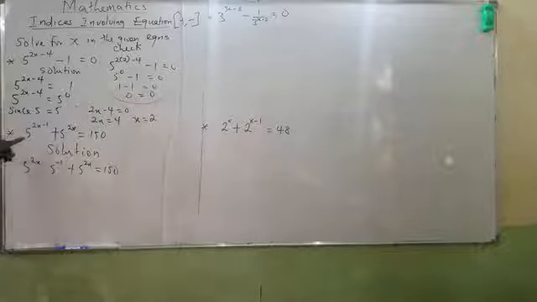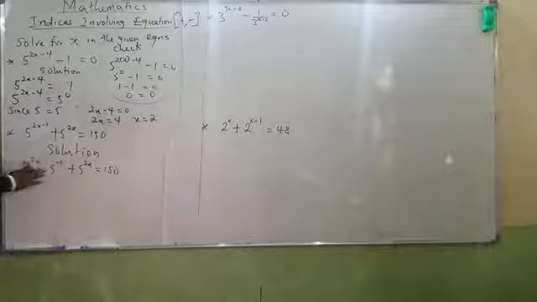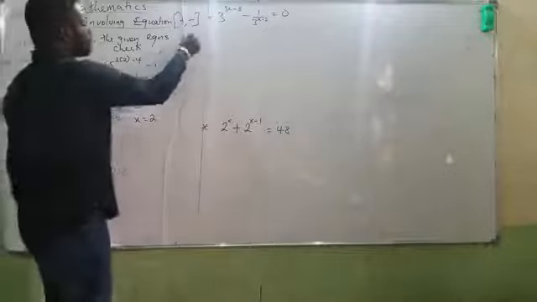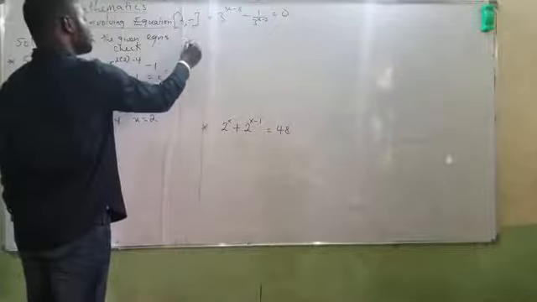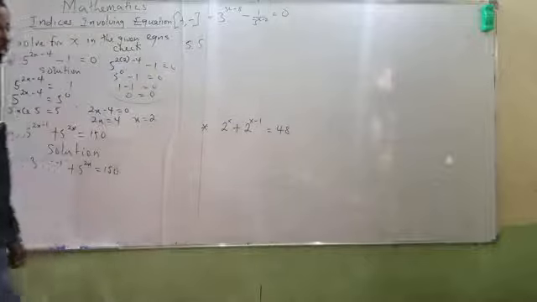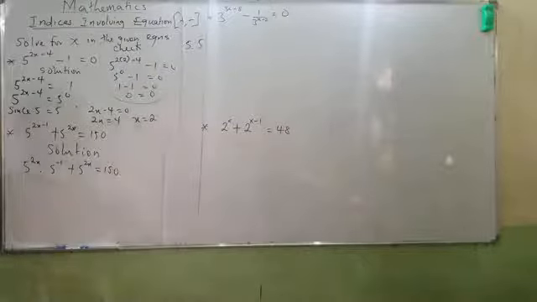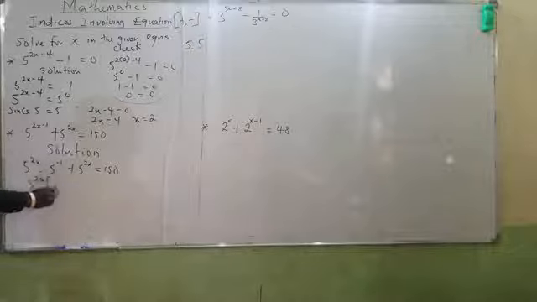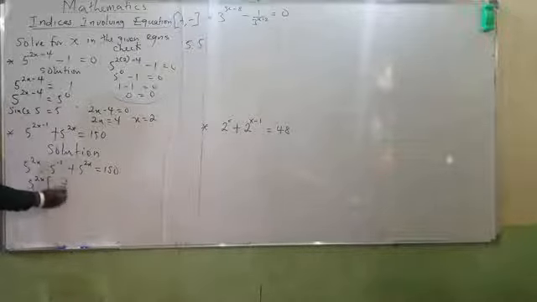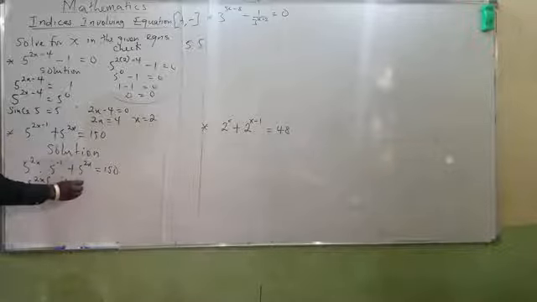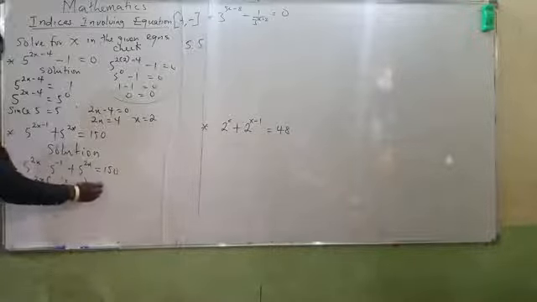Now, I just split this into this, which is a multiplication dot. Now, I can say that 5 raised to power 2x bracket of 5 raised to power minus 1, which is going to be 1 all over 5, plus 1, equals to 150.